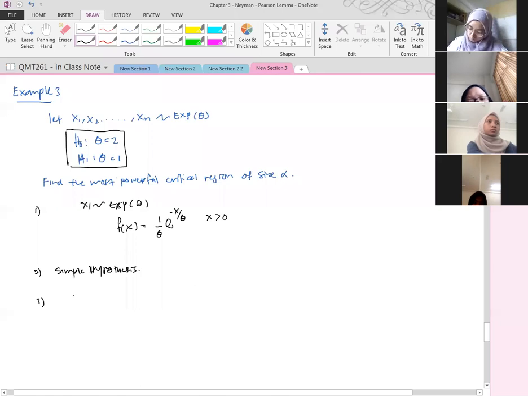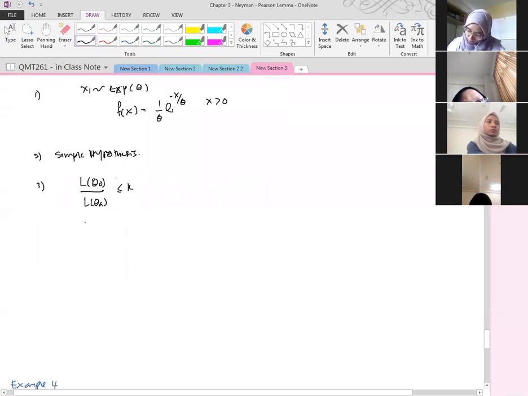we need to find the likelihood ratio, L theta naught divided by L theta A, less than or equal to K. For theta naught, theta is equal to 2, and for theta A, theta is equal to 1.